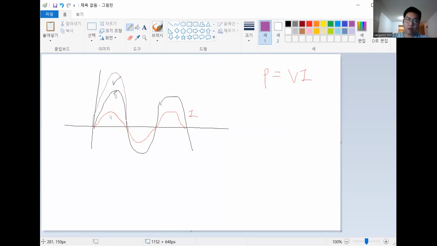Here plus plus, here minus minus, which means multiplied, this. And here is also plus. So we say this is active power. You know what I mean? Actual use. It has to be a loss by heat, or it could be actual usage. Okay.